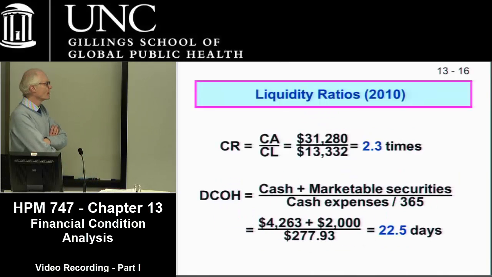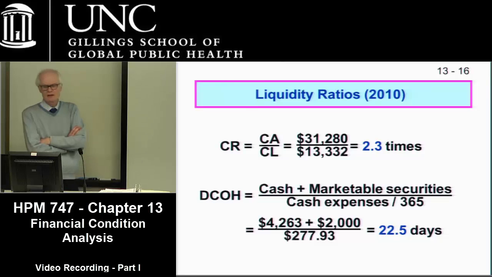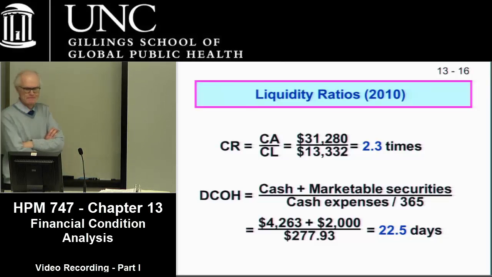So let's look at some common liquidity ratios. The current ratio is defined as current assets divided by current liabilities. So what does that 2.3 times mean? Interpret it in words.